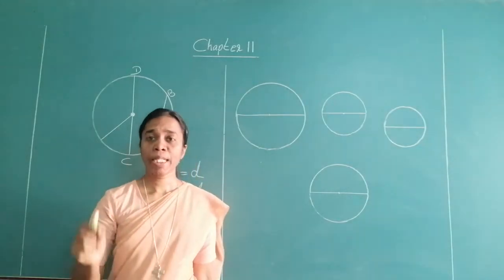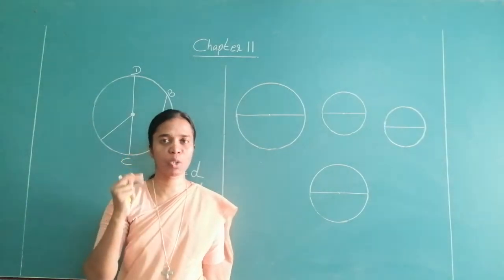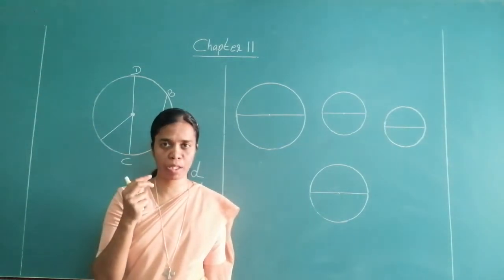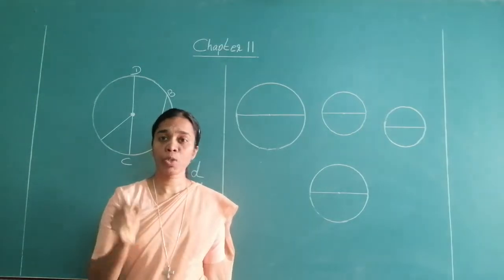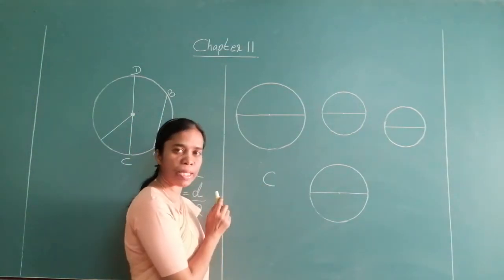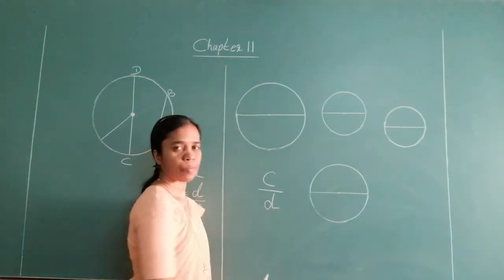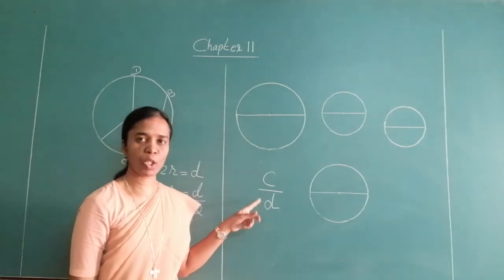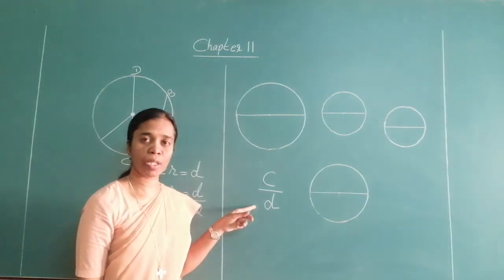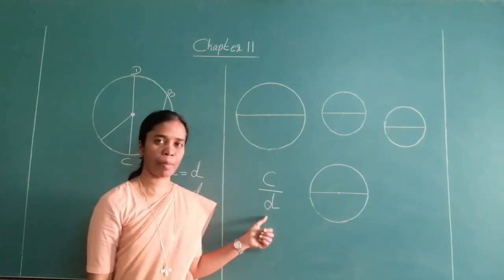Now, the ratio of, now you know what is ratio? Comparing two quantities, one upon the other in the form of P by Q. So, the ratio of circumference denoted by C to the diameter. Ratio means comparing these two quantities. Which two quantities? First you are measuring the circumference and then the diameter.